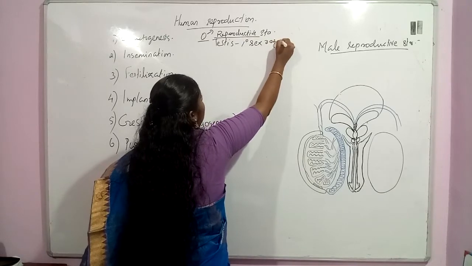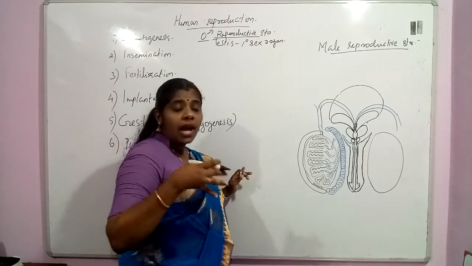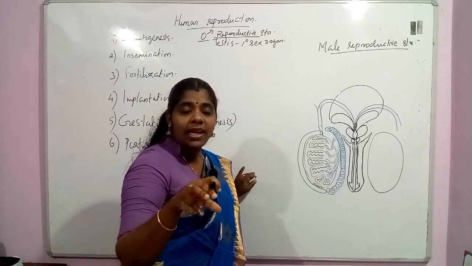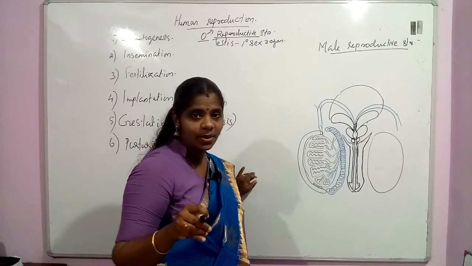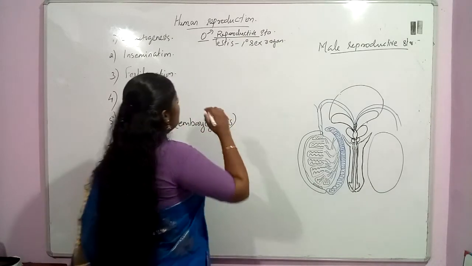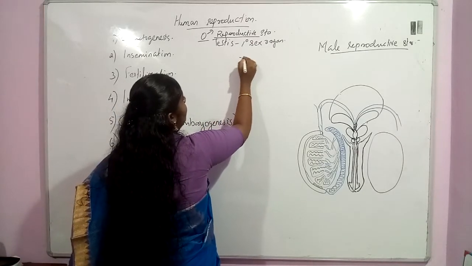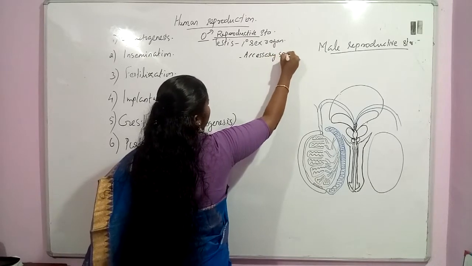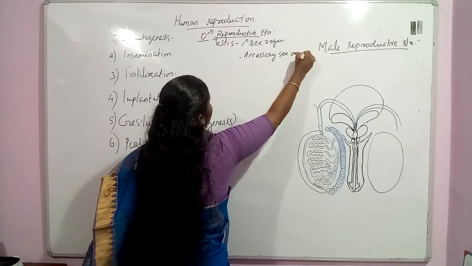The organ where gamete formation takes place is called the primary sex organ. Then the next one is accessory sex organs or secondary sex organs.